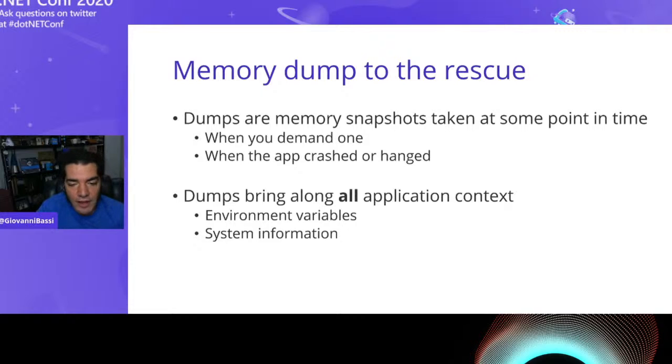It will bring all the application context for you, so environment variables and system information. This is very dangerous because this includes all the application state, including secrets, connection strings, and all the system information that the application was using. So you should be very, very careful with how you handle this information.